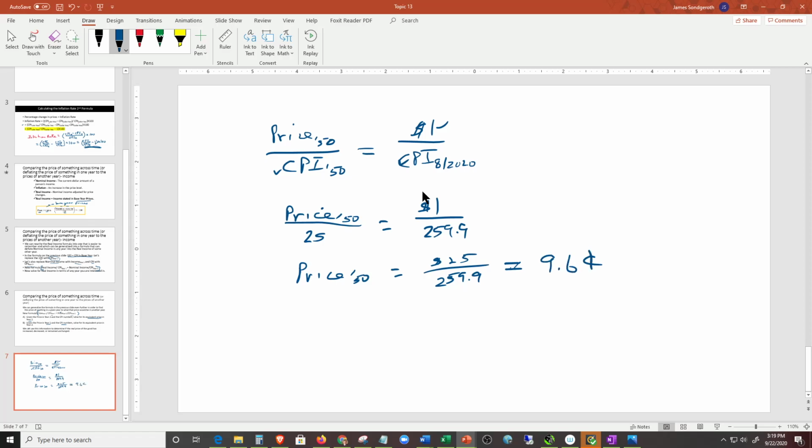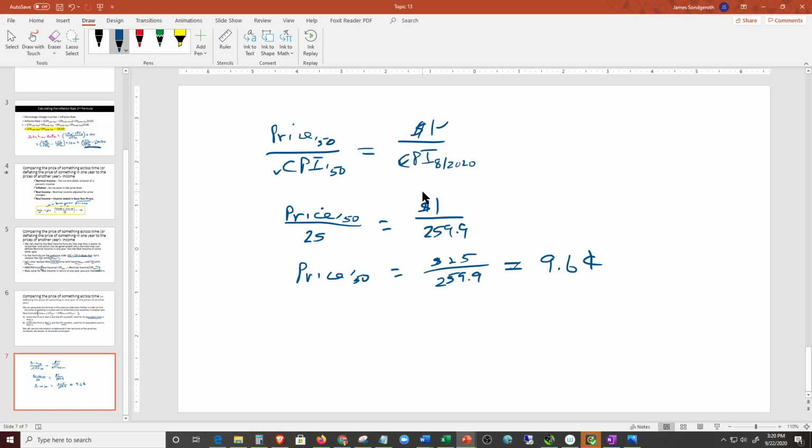So this equals 9.6 cents. Basically what this is telling us is that a dollar today buys basically what a dime bought in 1950, 70 years ago. So there's been a huge devaluation of the dollar over the last 70 years. It's lost its purchasing power by a substantial amount.